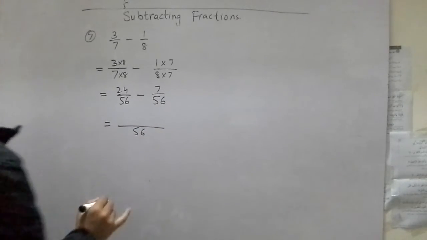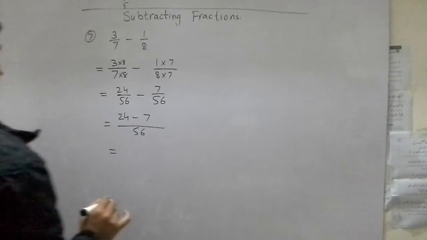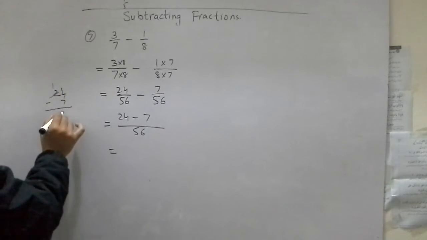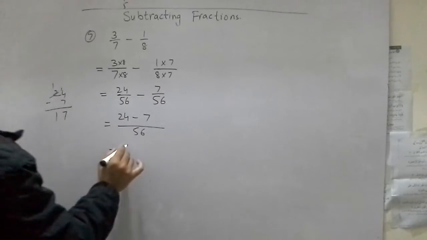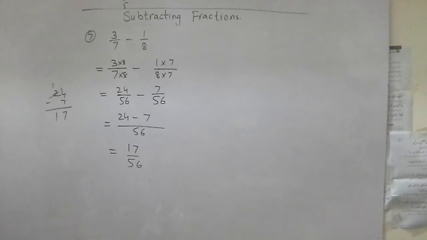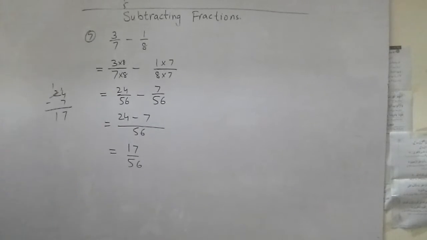Now keep the denominator the same, and 24 minus 7 is 17. 17 over 56. This is our final answer, 17 over 56 in simplified form.